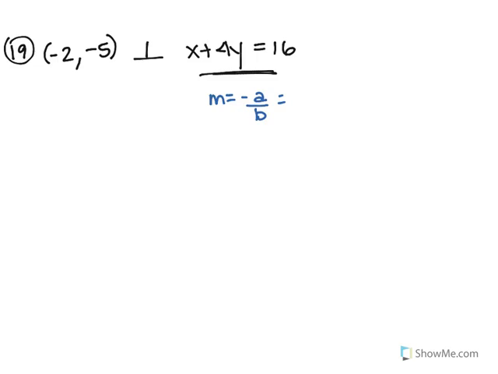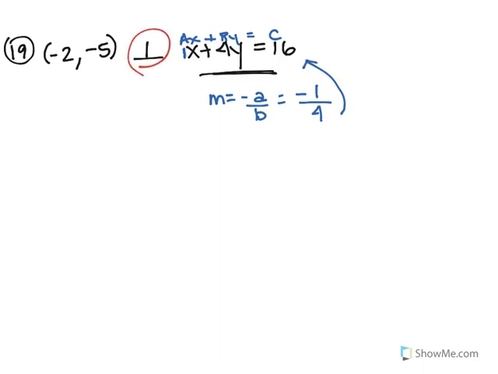I'm going to do minus A over B to get that slope, which is in standard form, ax plus by equals c. So that would be minus 1, because that's the understood one for A, over 4, which is B. So the slope of this line is negative 1/4.